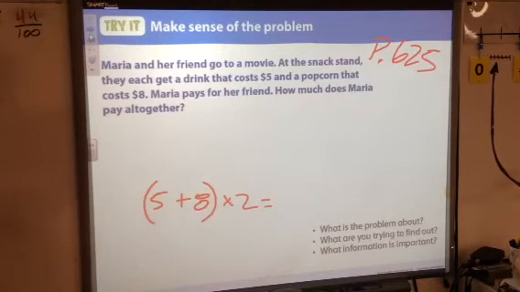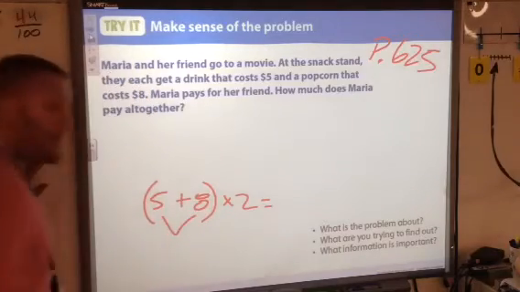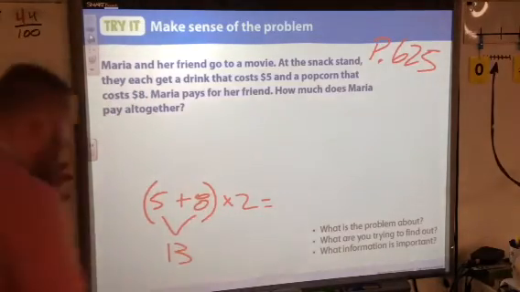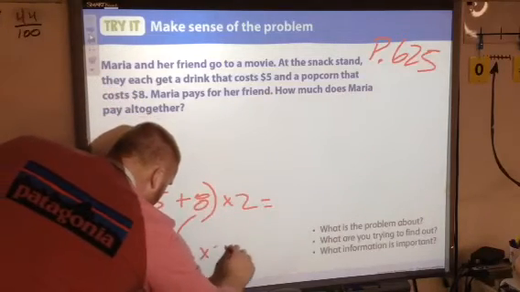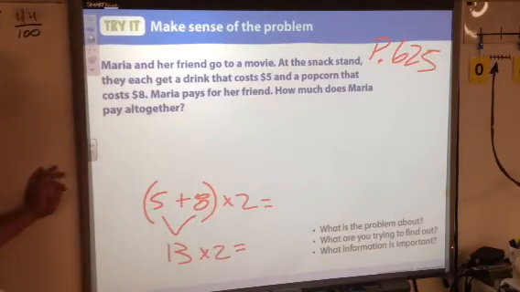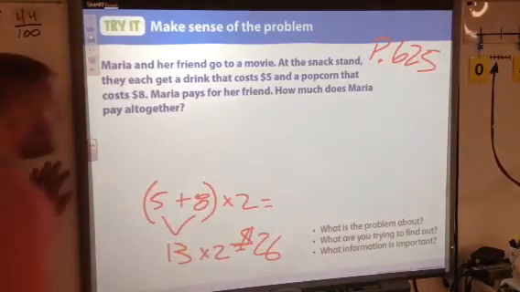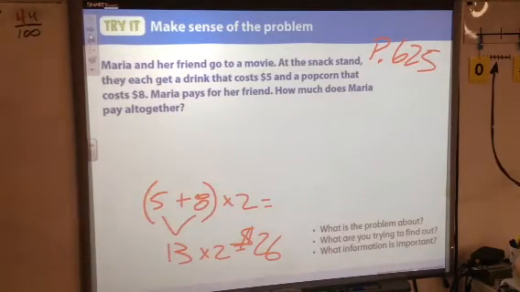I see that 5 plus 8, the total cost of the drink and popcorn, is in parentheses, and that's what I find first. I end up with 13. How many people do we have? 2. So we multiply by 2, and we end up with, voila, 26. How much money does Maria spend on herself and her friend? $26.